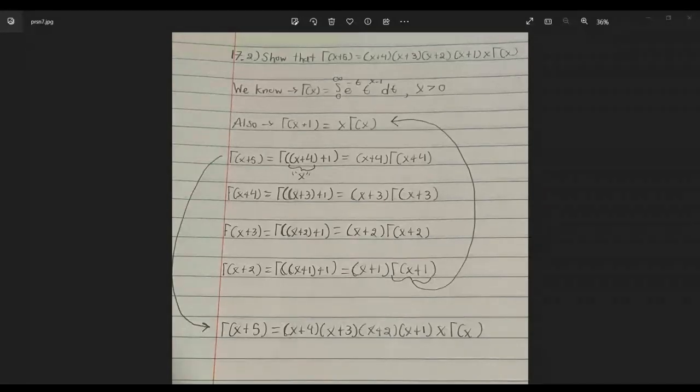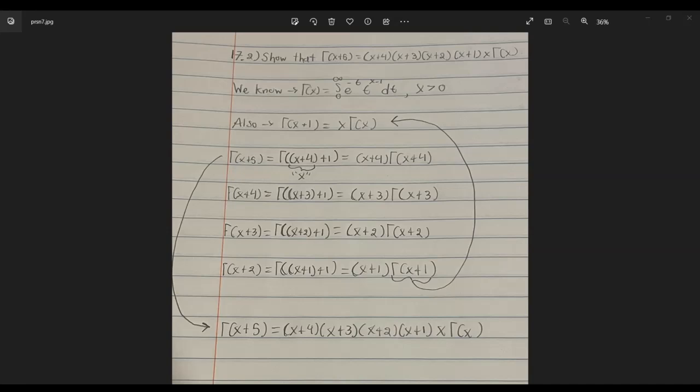That made me able to write the result as x plus 4 times gamma of x plus 4. I just did that over and over until I had the final gamma of x plus 1, which we know from the original rule equals x gamma of x, which proves that it is true.